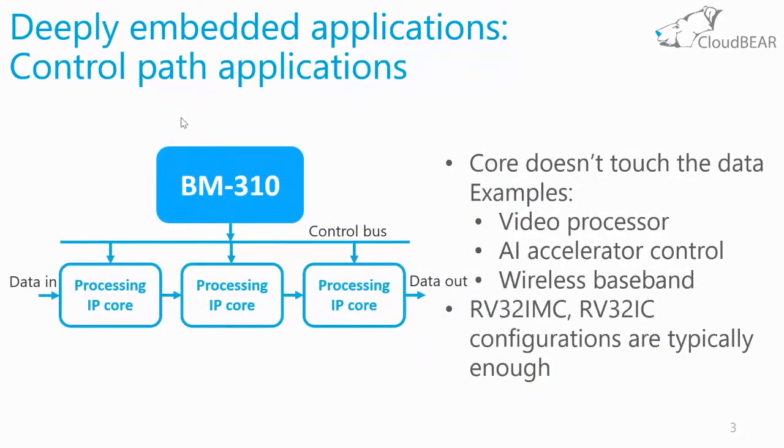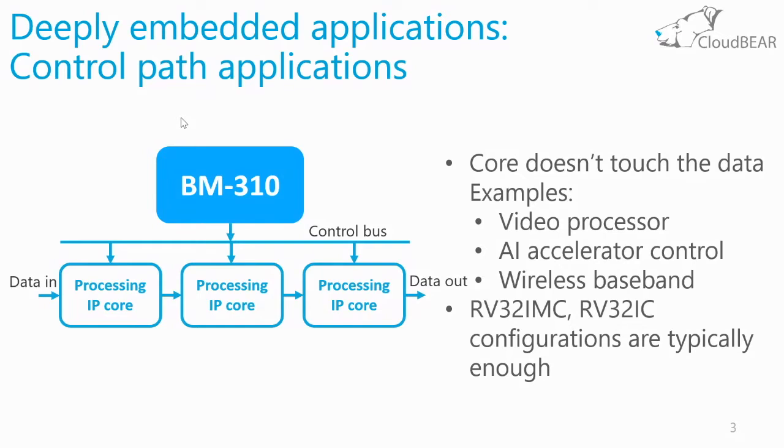So moving to the applications which we face with customers. The initial wave of customers were asking us about simple cores for control applications where the core itself doesn't touch the data and focuses more on control and management functions. Typically in these scenarios, there are several IP cores which should be controlled by the core to enable flexibility.